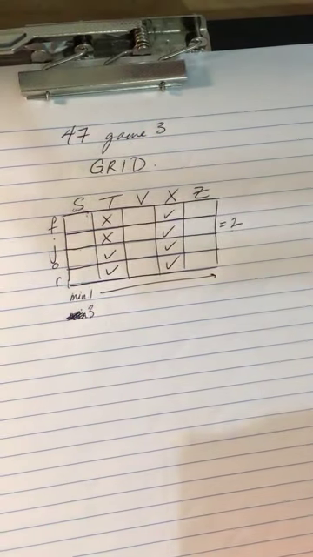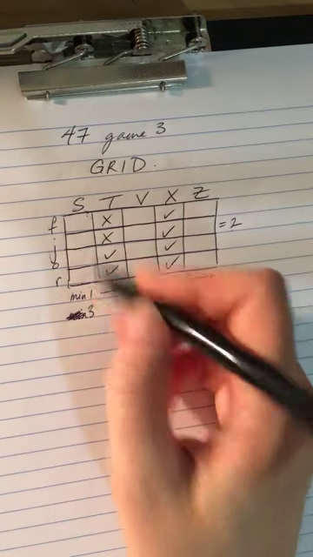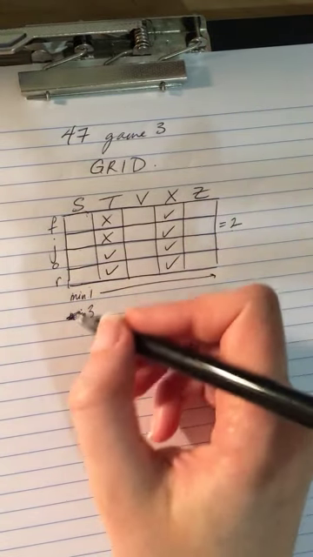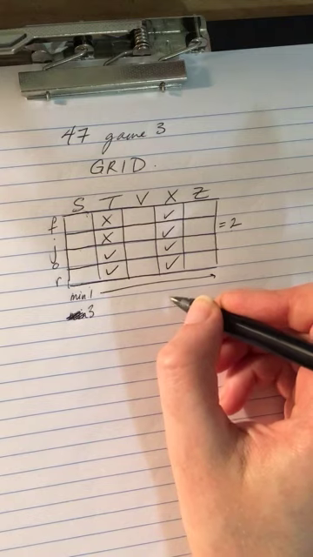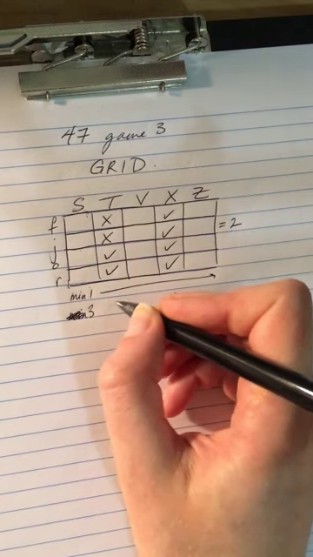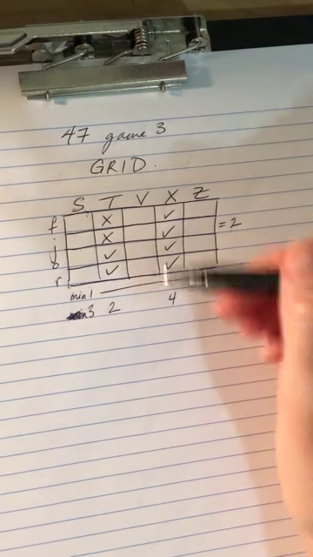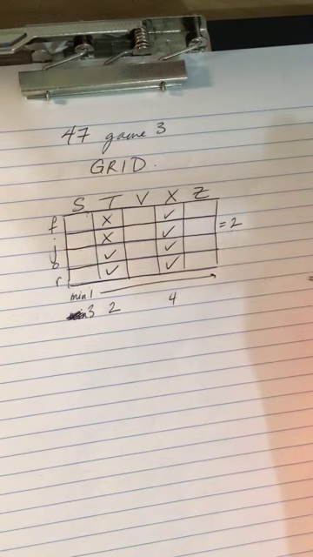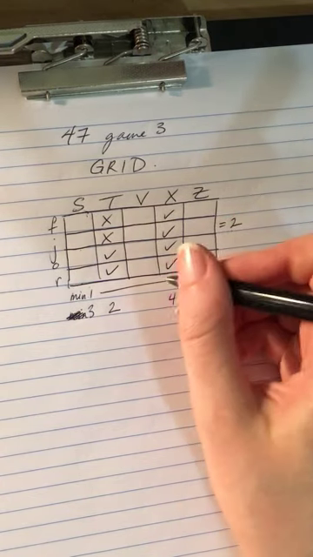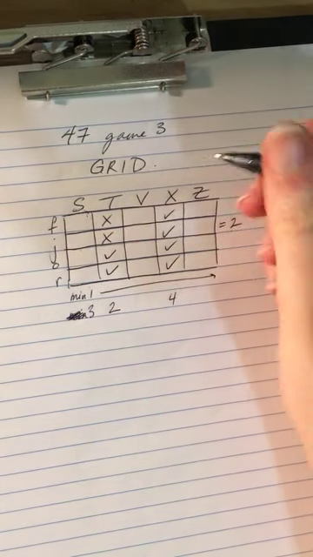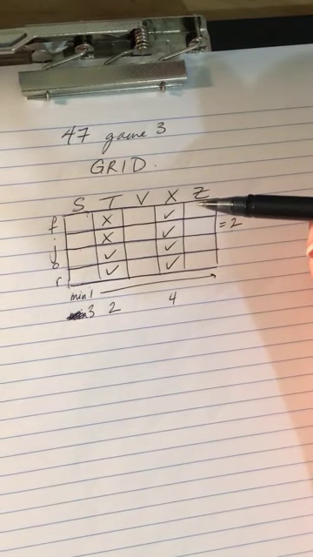S has exactly 3. So S has exactly 3, X has 4, we know T has 2, V and Z at this point still just have that minimum of 1.